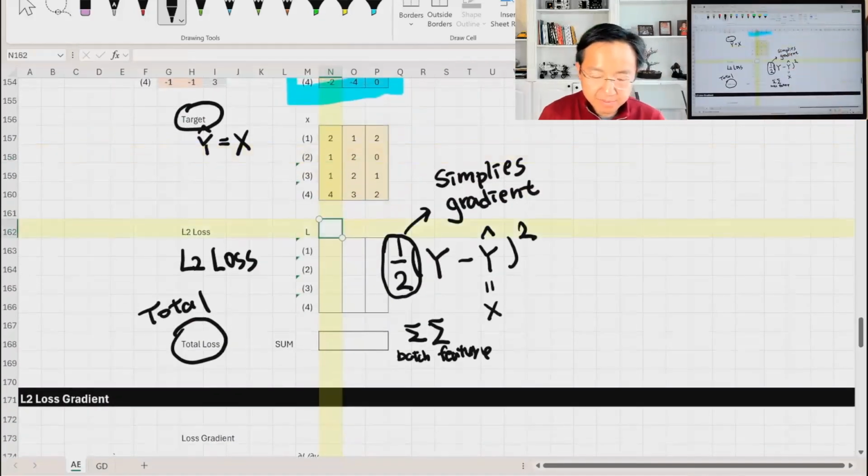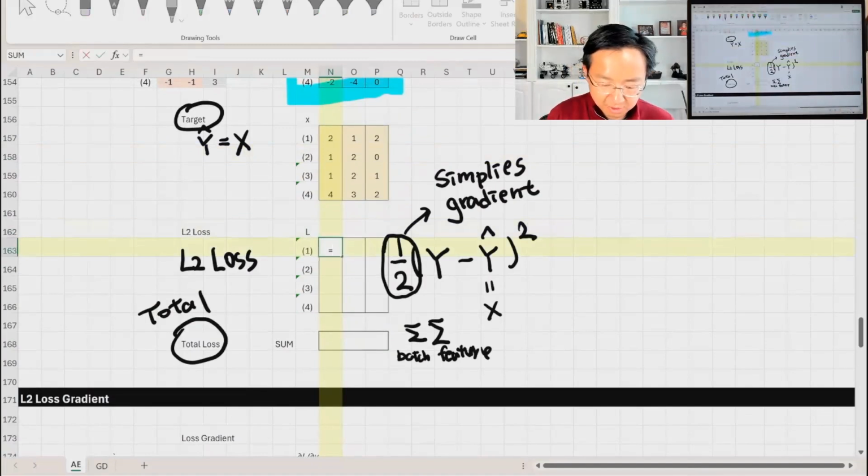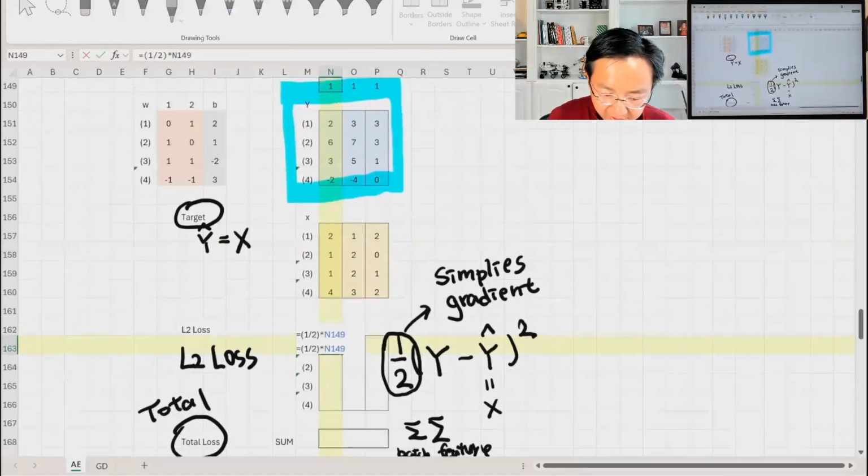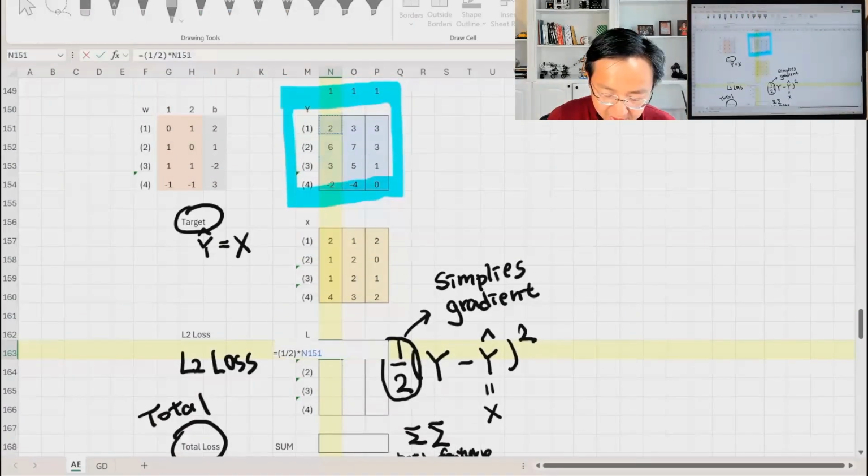All right, let's implement this. It's going to be 1 over 2 times Y, where's my Y? Y is here, just select my Y, minus X, select my X. I'd like to put parentheses here in order to take the square of this term.